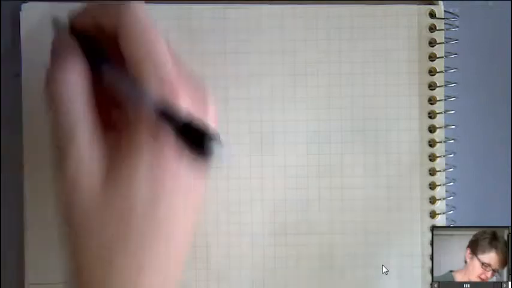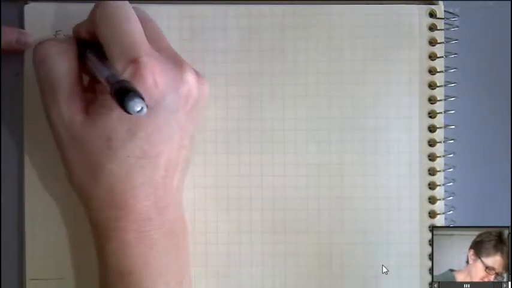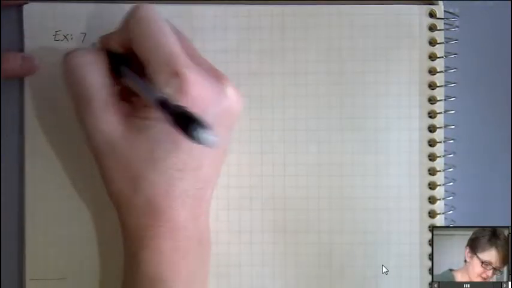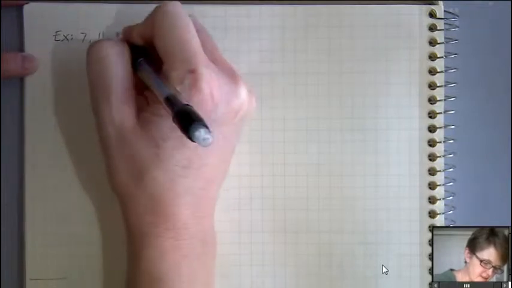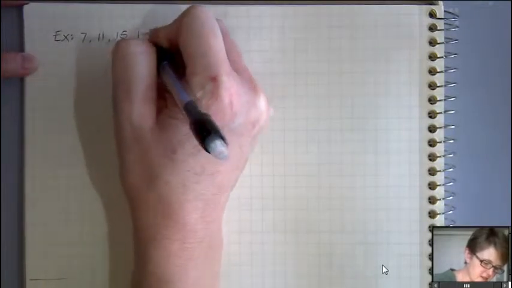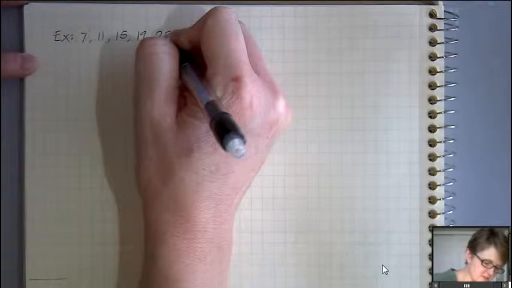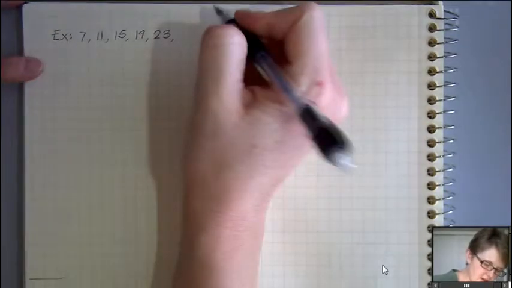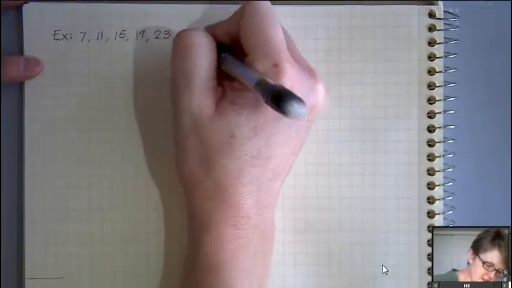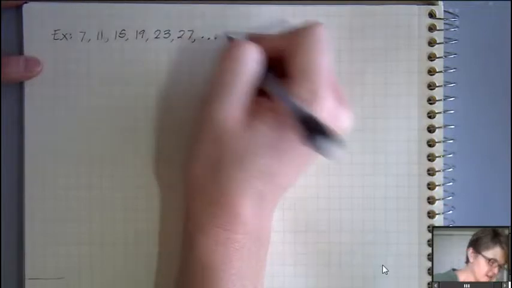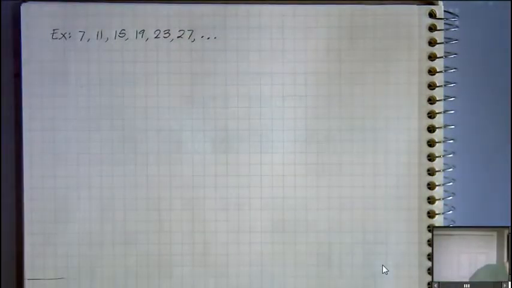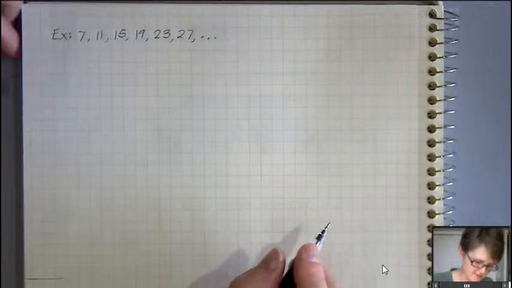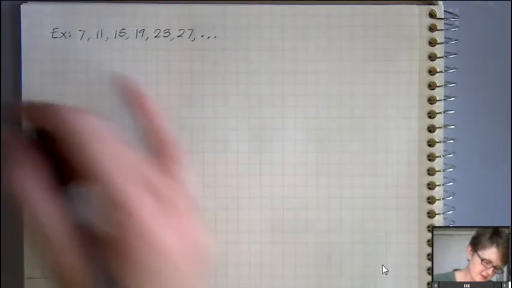Okay, so we're going to go ahead and rewrite our example sequence. Our example sequence was 7, 11, 15, 19, 23, 27, and so on and so forth. So this is our example sequence. Let's go ahead and list out the terms that we know in this sequence.